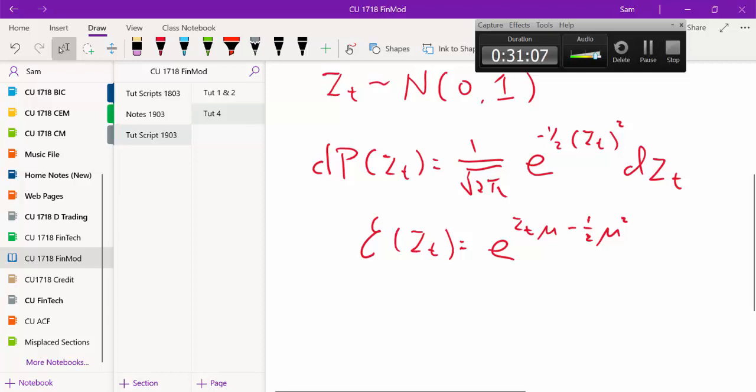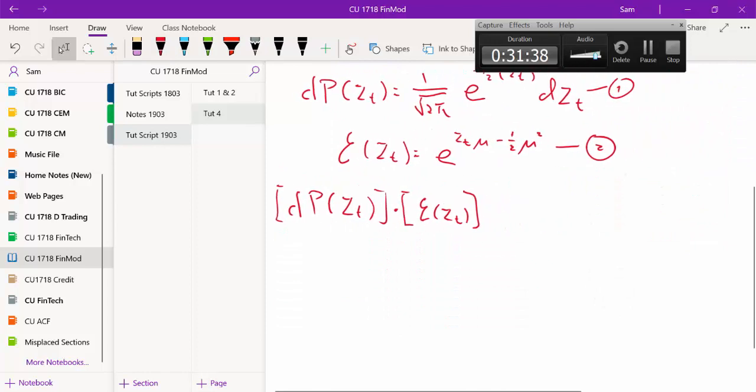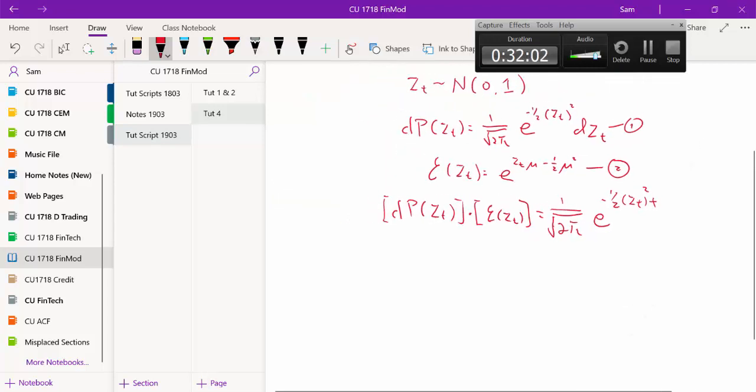So when you multiply these two together, what you get is something like this. I'm running out of space.